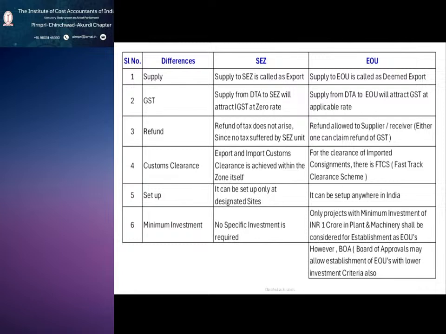Supply to SEZ is called export, and supply to EOU, the export oriented units, is called deemed export.